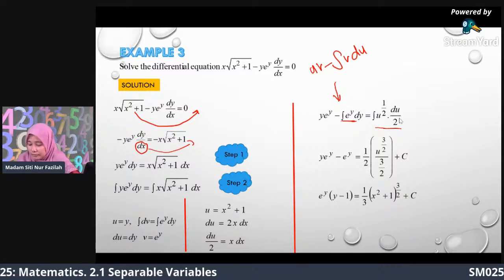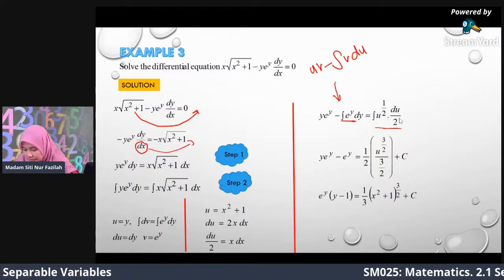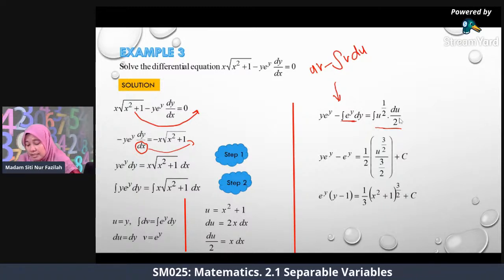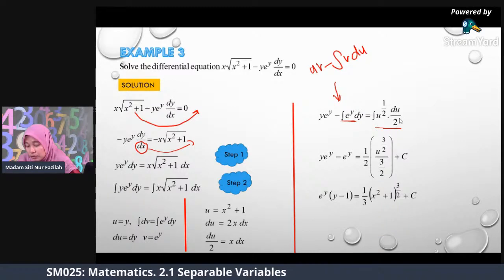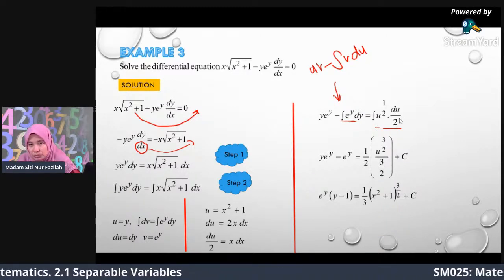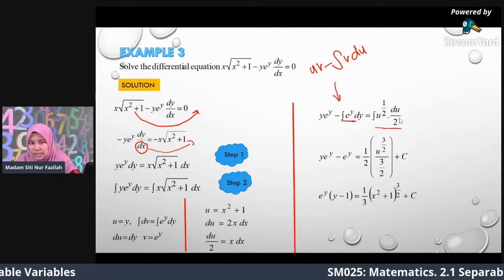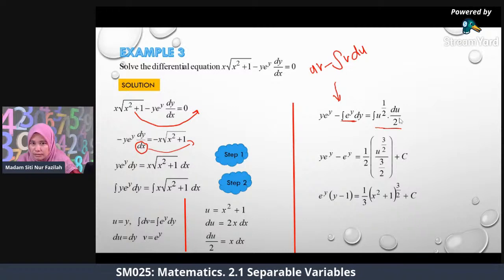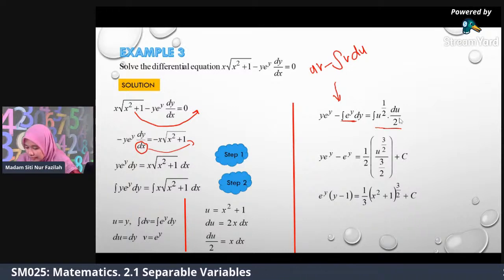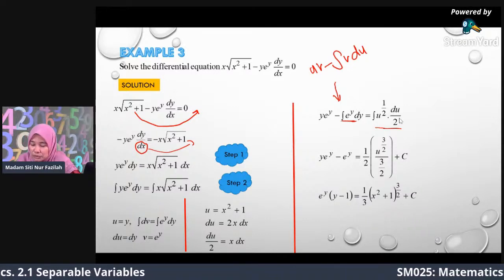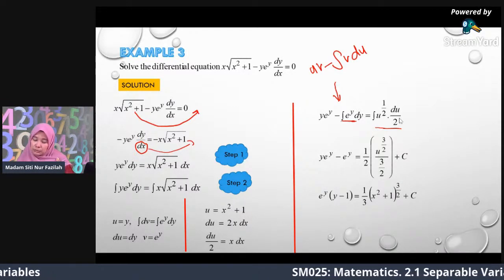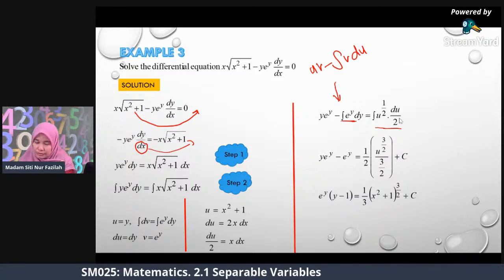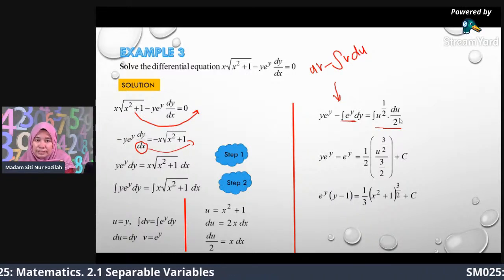When we integrate, we can get y e^y minus e^y equal (1/2) u^(3/2) divided by 3/2 plus c. For the right side, we need to integrate in terms of u because of the u substitution method. Then we factorize the left side.